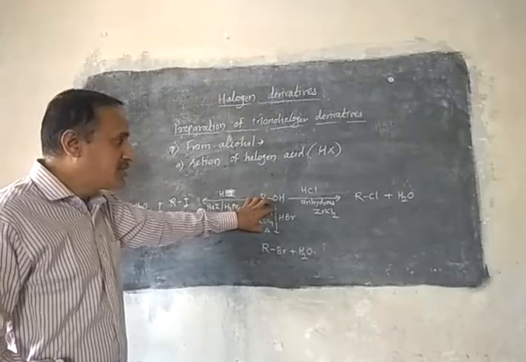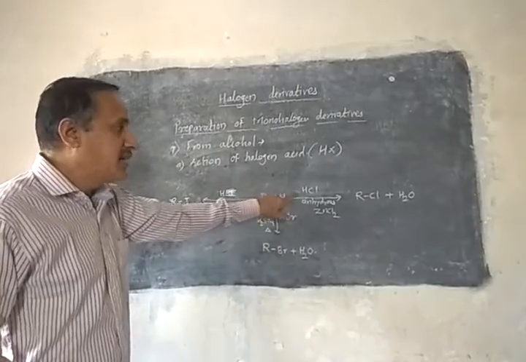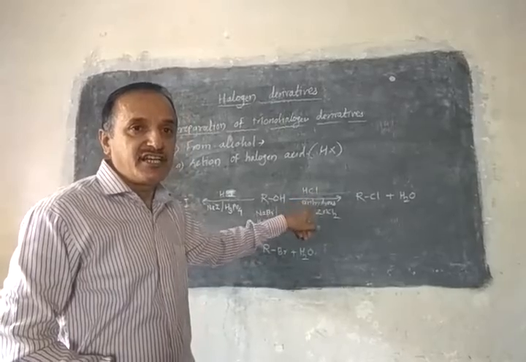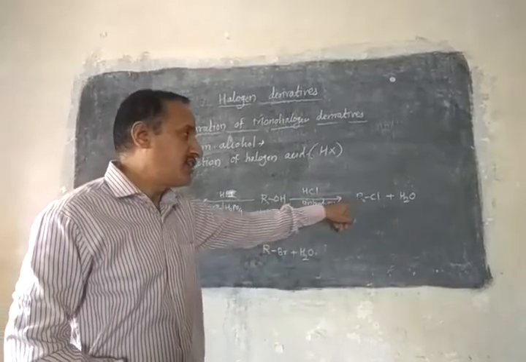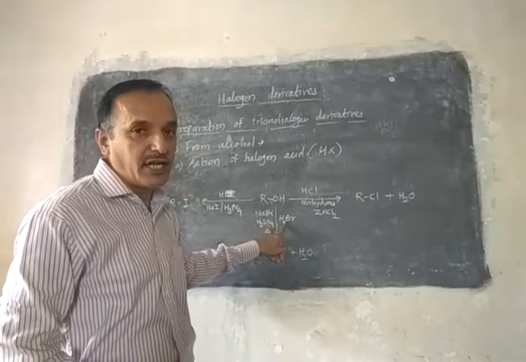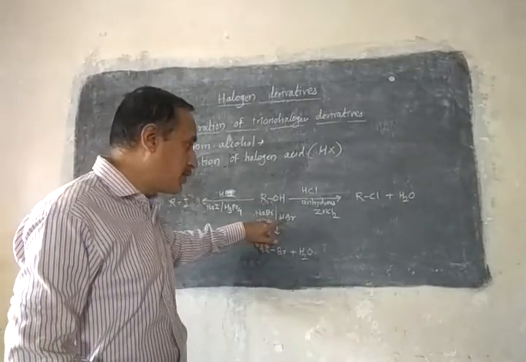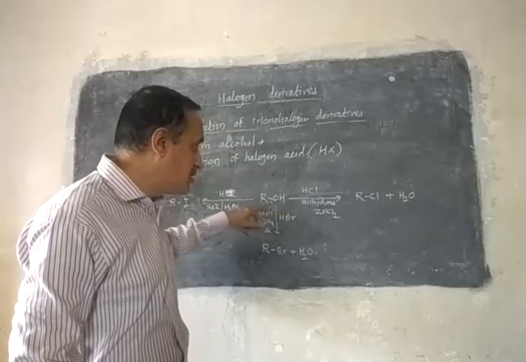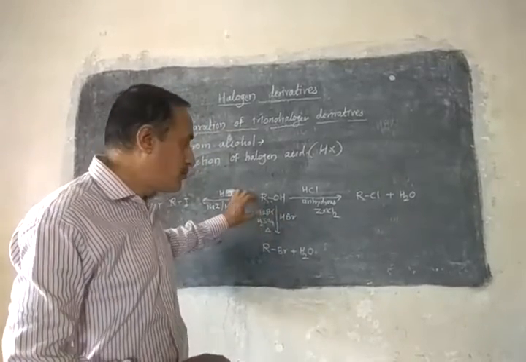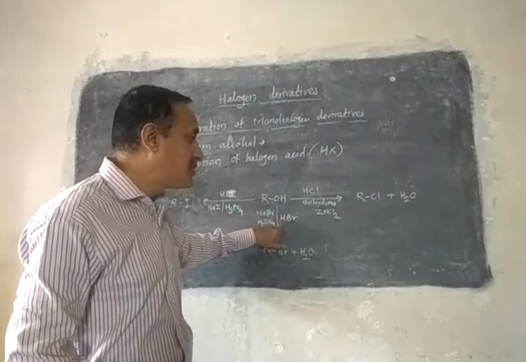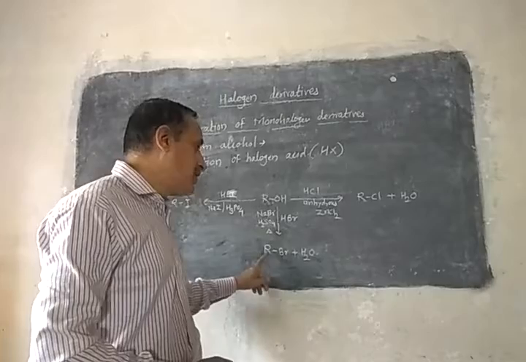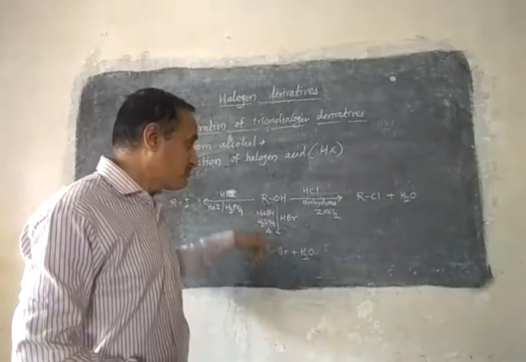So alcohol is taken, and here the condition is different. Here with HCl and anhydrous ZnCl2, we get alkyl chloride. Alcohol reacts with HBr, hydrogen bromide, which is prepared when you take the mixture NaBr and H2SO4. From this mixture HBr is prepared, and then HBr reacts with alcohol and forms alkyl bromide.